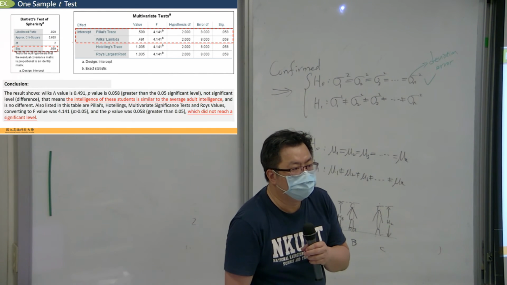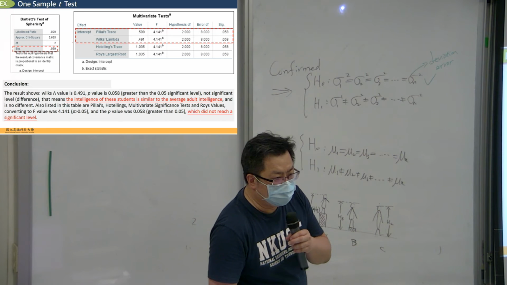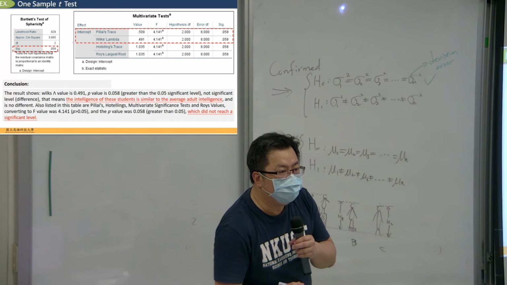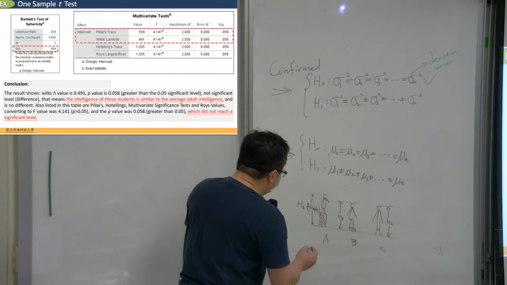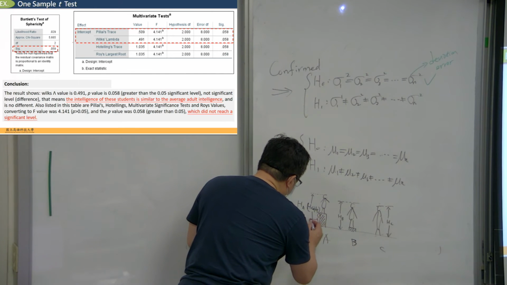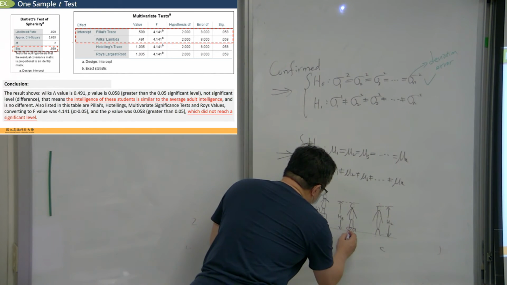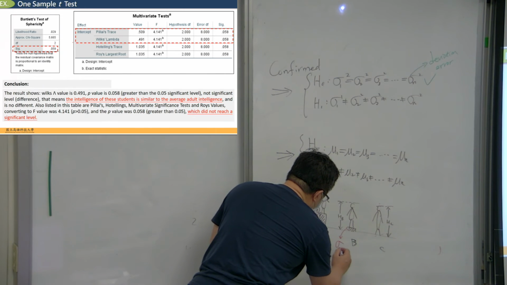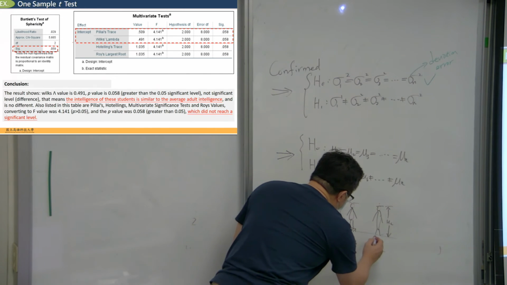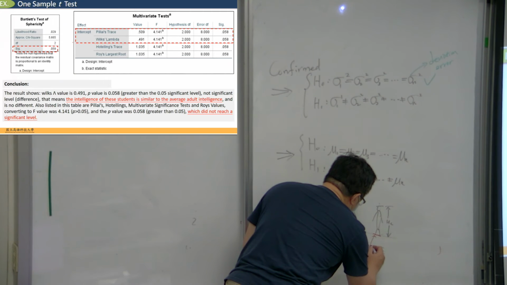Not standard. Why not standard? Because they always include some variance. This is a variance. This is a variance. This is a variance.